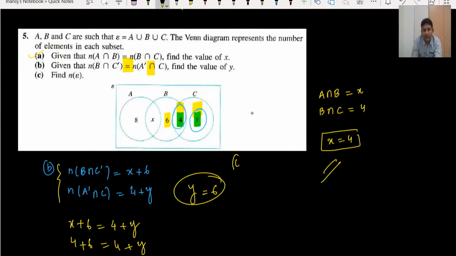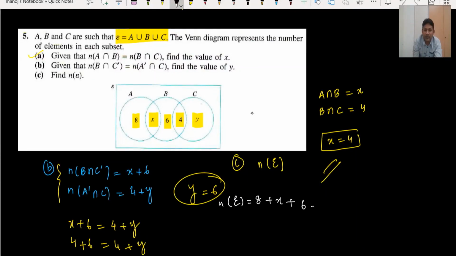Second, like part C, they need to find the number of elements in the universal set. If I use the color method to find the universal set, A union B union C means everything is the universal set. So for the universal set I have to write 8 plus x plus 6 plus 4 plus y, and we know the value of x. 8 plus x is 4.